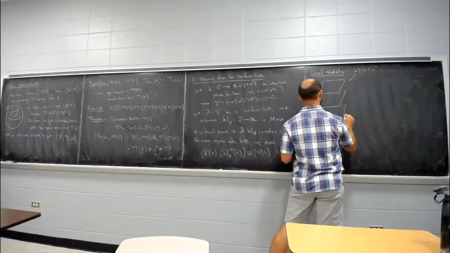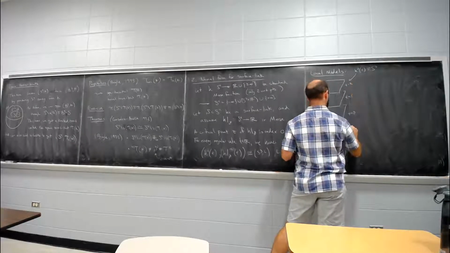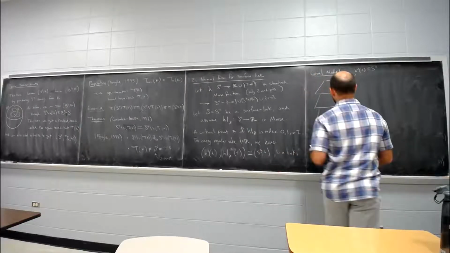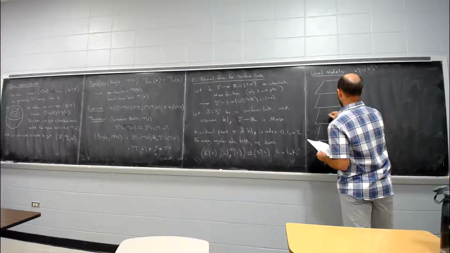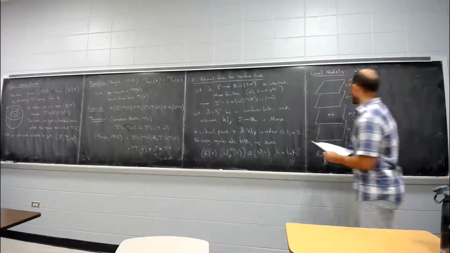We'll center it at t equals minus 2, minus 1, 0, 1, 2, and suppose that our critical point is at t equals 0.